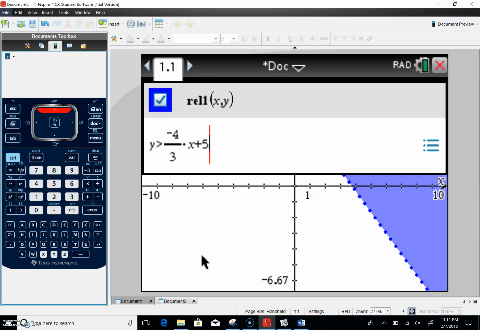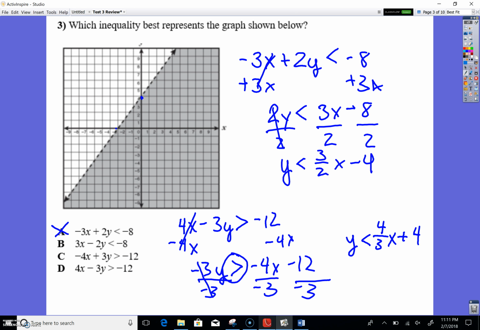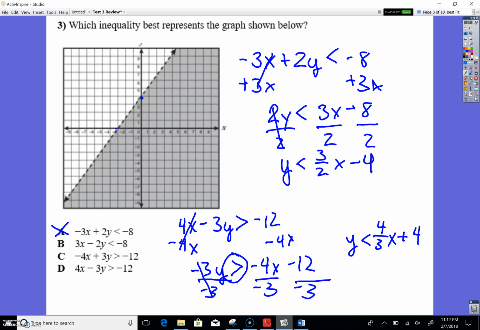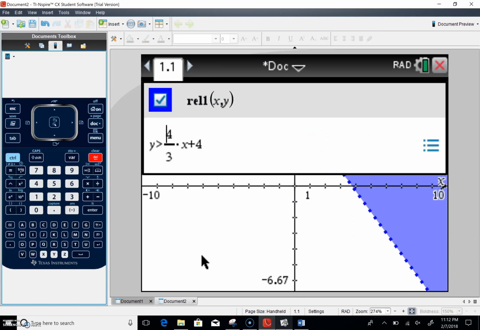Negative 4 over 3x. Delete. Let's see if I typed that in correctly. Negative y less than 4 over 3x plus 4. 4 over 3, so that's not a negative. Delete. And let's see, this is less than.